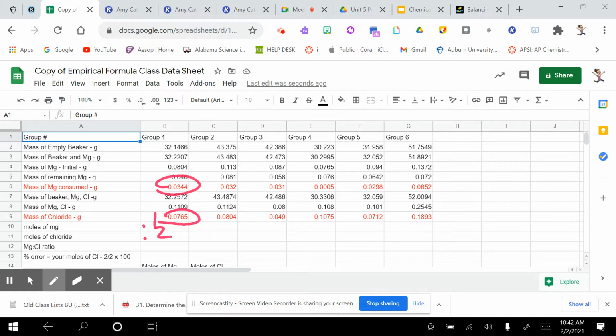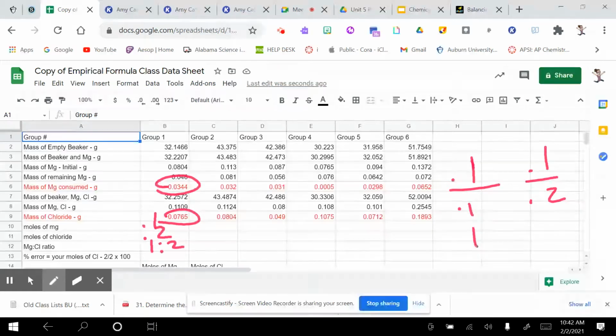To get the ratio, you're going to take the smallest number and divide it into both numbers. So 0.1 divided by 0.1 and 0.1 divided by 0.2. So that's going to give us a 1-to-2 ratio. This is 1. Actually, that should be upside down. To 2.